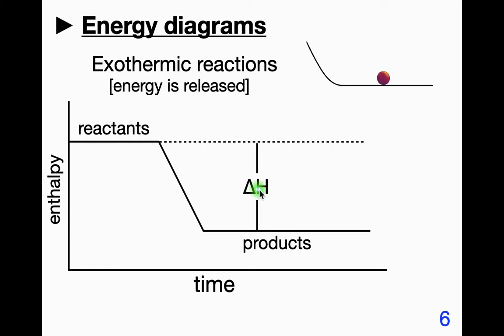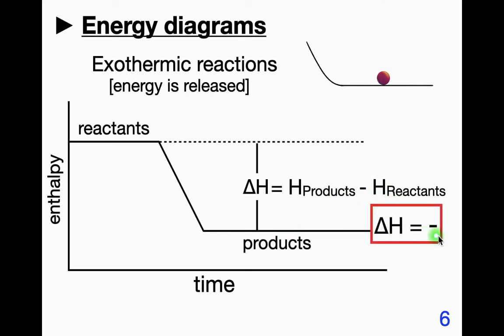Remember, the definition of delta H is products minus reactants. For an exothermic reaction, the products have less enthalpy than the reactants. So the products are a smaller number than the reactants because you have less enthalpy. When you do that calculation, you're going to get a negative value.